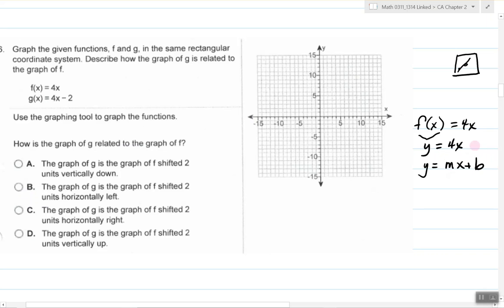There seems to be nothing in the place of b, so I'm going to put a 0, and I'm going to say b is equal to 0, m is equal to 4. M is the slope. The slope is the rise over the run. So I'm going to give it a denominator. I'm supposed to rise 4 and run 1 from any point on the graph to get to another point on the graph.